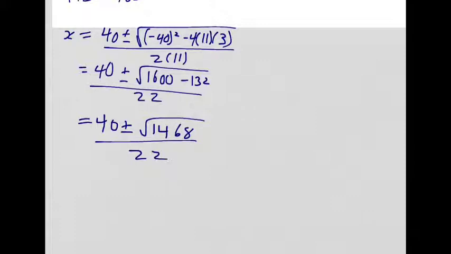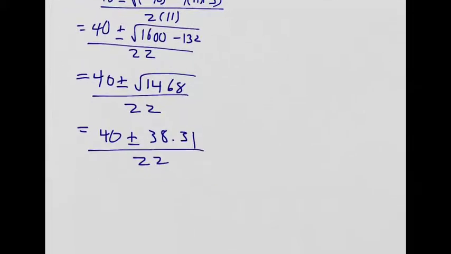All over 22. And the square root of 1468, what is that? It is 38.31 all over 22. And now we get the two values for t.